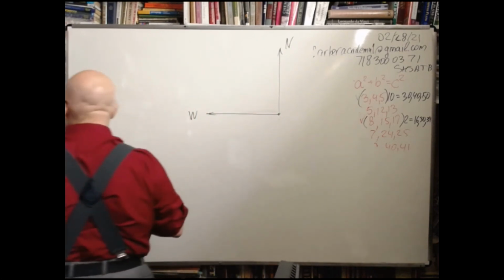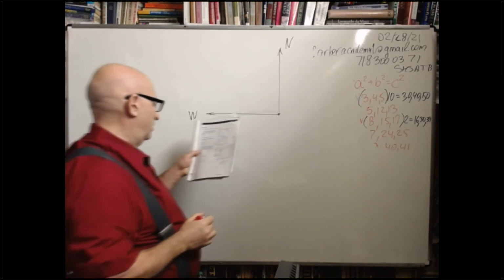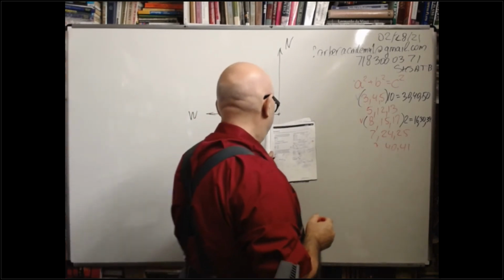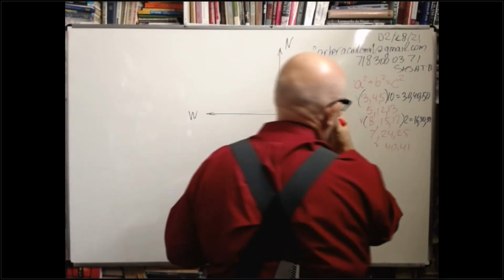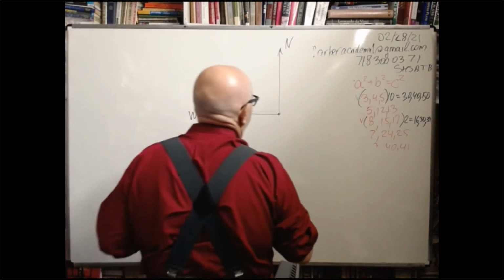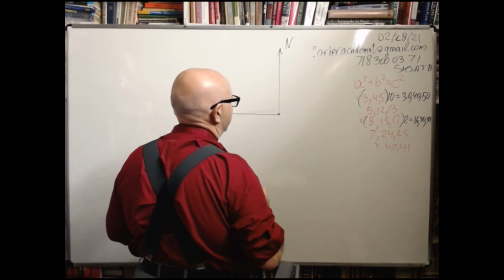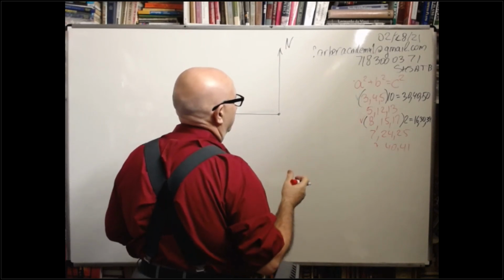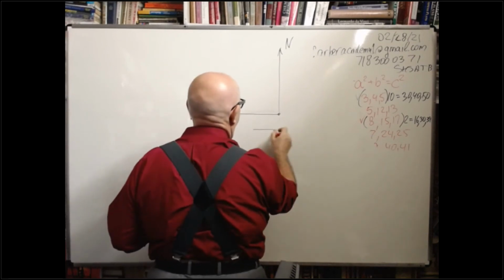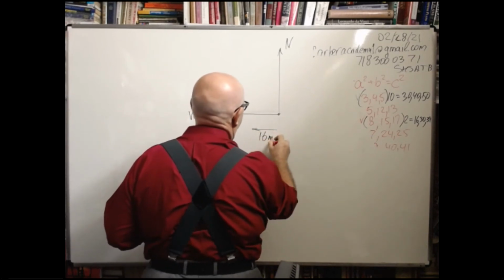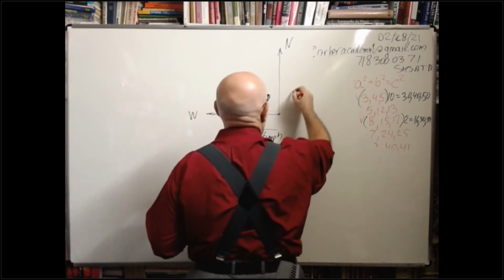One is 8 miles per hour. Another one is 15 miles per hour. Let me change numbers for you. I will double it. Let's say this direction is 16 miles per hour, and this direction is 30 mph.